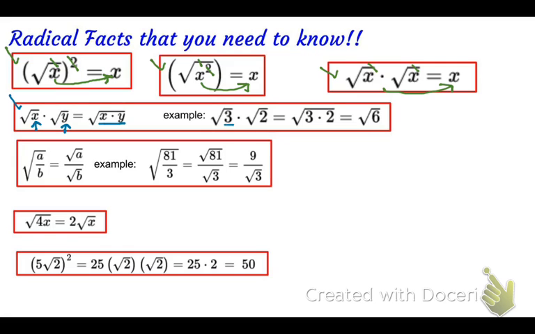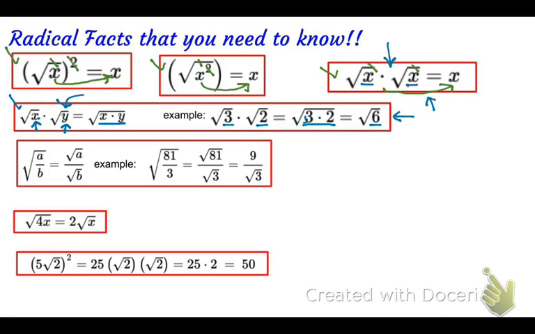I have the square root of 3 times the square root of 2. 3 and 2 are not equal to each other, but I can multiply them under the same radical, and 3 times 2 equals 6. Now notice how this is different from this, because the numbers inside the radical in this box are the same. The numbers in the radical in this box are different. So you have to handle them two different ways.